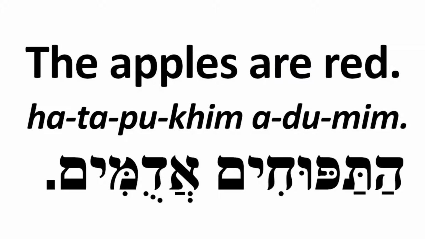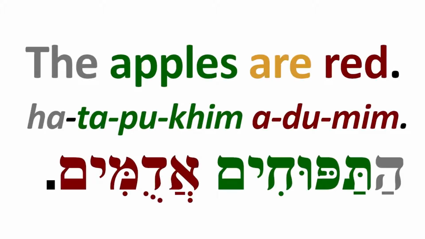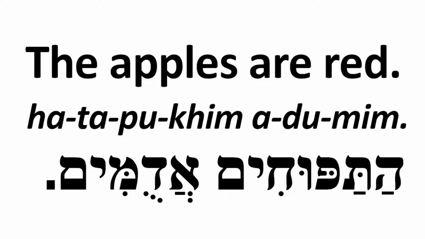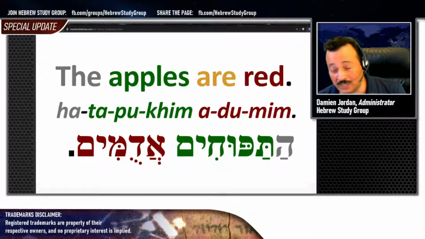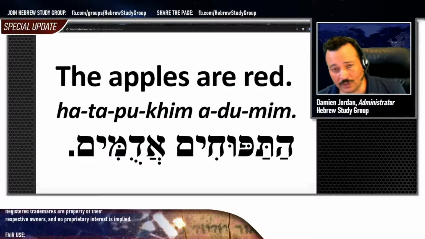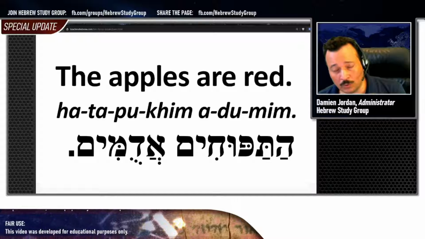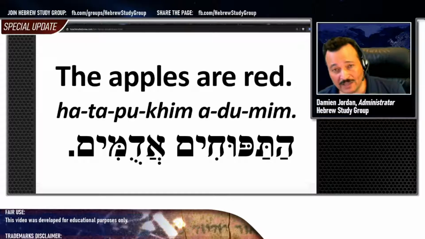Okay. Now, what we have for the transliteration is ha tapuchim adumim. Now, what happened? You'll notice that tapuach now has an im at the end of it. So that actually indicates two things: that the apples in this case now are plural. It also indicates that the word apple in Hebrew is masculine.